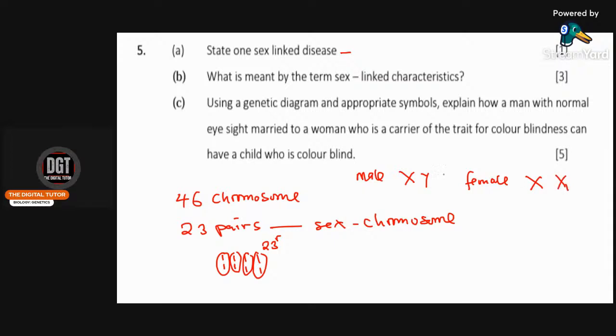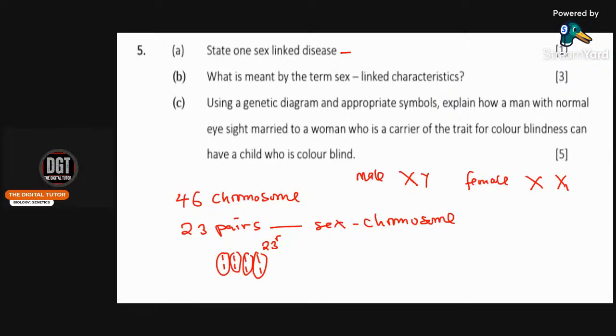Sex-linked diseases normally affect the X chromosome, so they are found on the X. In other words, sex-linked diseases are the diseases linked to the sex chromosome. We are going to get into details as we go on.